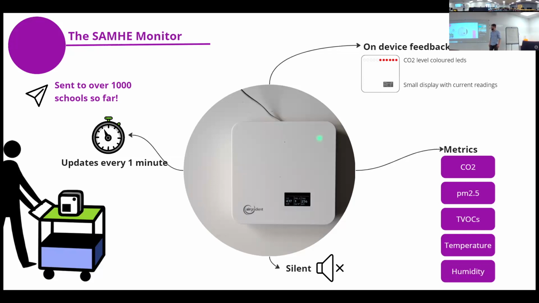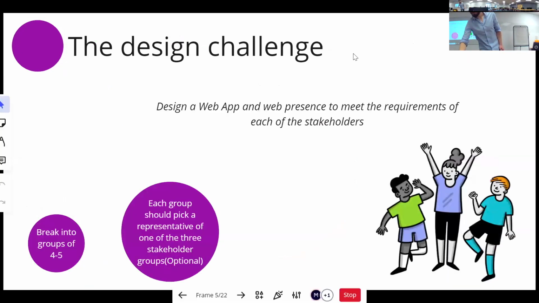We were collecting CO2, particulate matter, TVOCs, which was a bit of a funny one that no one could really define a metric for, and temperature and humidity. And lastly, the one thing that came out of our core design sessions is that this thing needed to be silent. It could not beep in the middle of a teaching session and say, you must open your windows, that kind of thing.